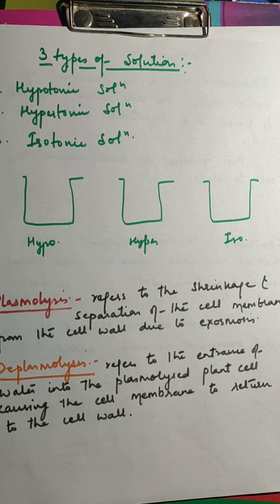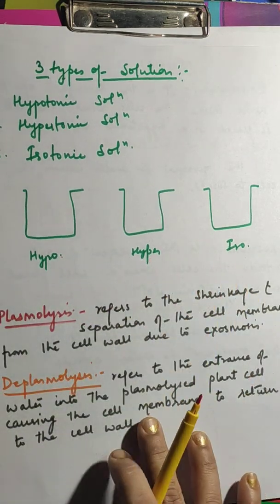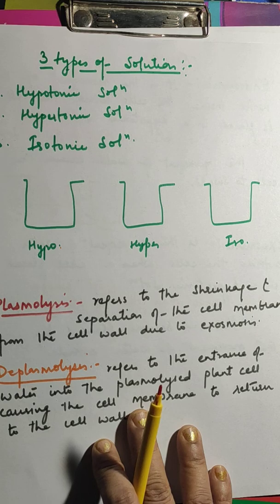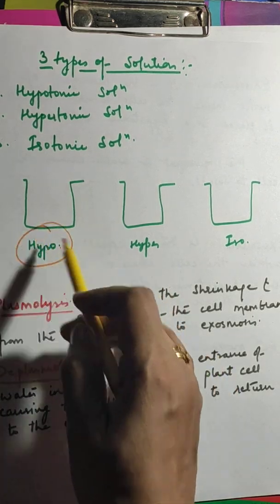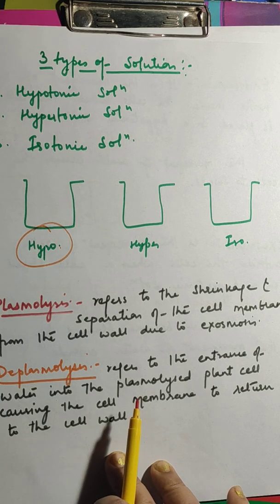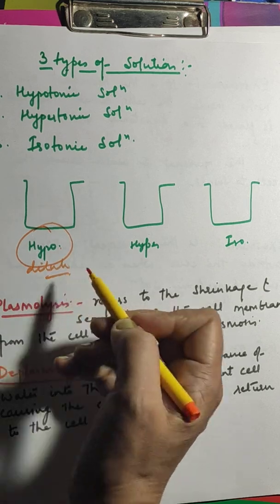Okay, got it. So suppose we have three beakers, 1, 2 and 3, and the first beaker contains a hypotonic solution. A dilute solution is always a hypotonic solution. You know, I told you what a dilute solution is.